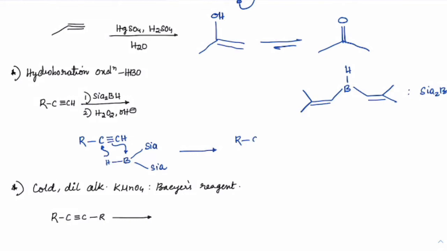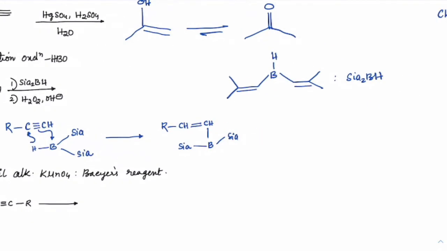So we'll get R CH double bond CH B with Sia and Sia. Now because this has become sufficiently bulky, you don't expect any other pi bond to act here. I mean to say there is no other hydride which can transfer from boron to any other alkyne group.